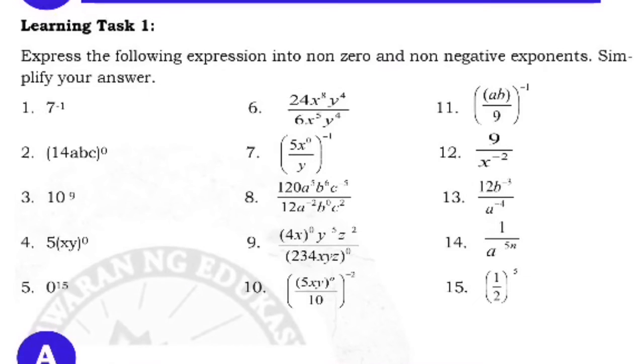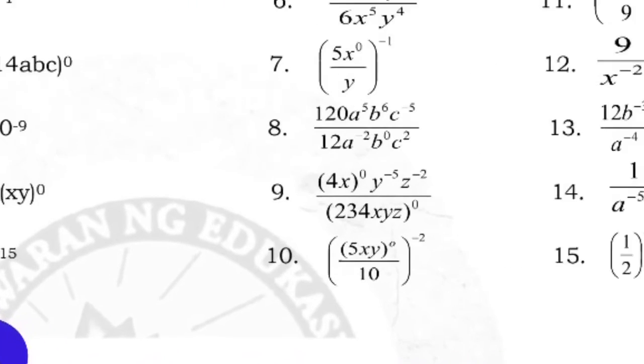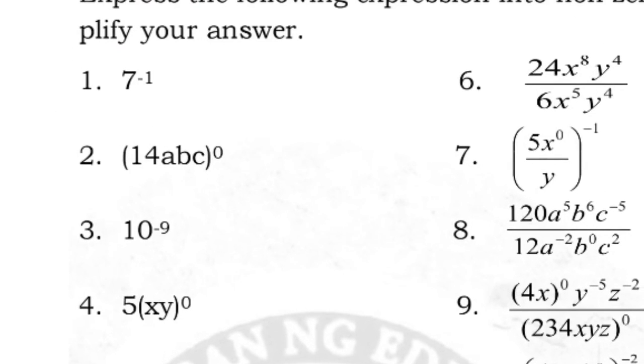So let's have learning task number 1. Express the following expression into non-zero and non-negative exponents. So simplify your answer. Let's have number 1 as our example here. So 7 to the power of negative 1. This is a negative exponent. So you can have your answer here as 1 over 7.